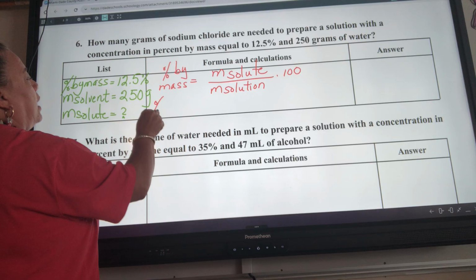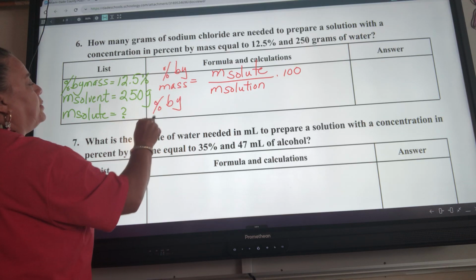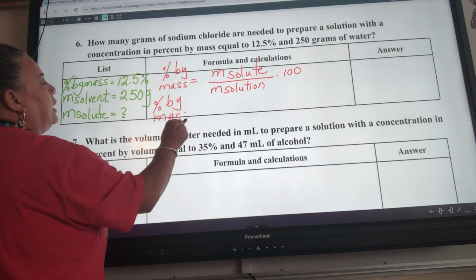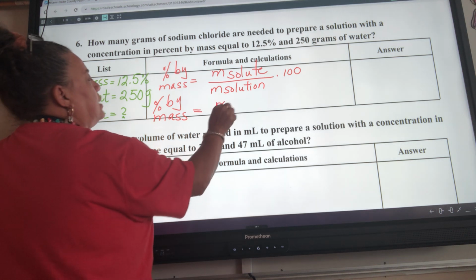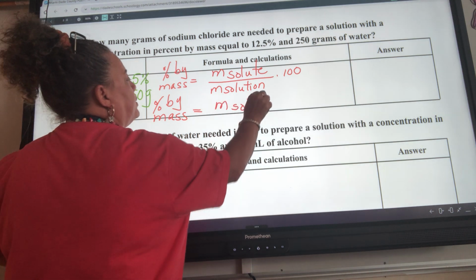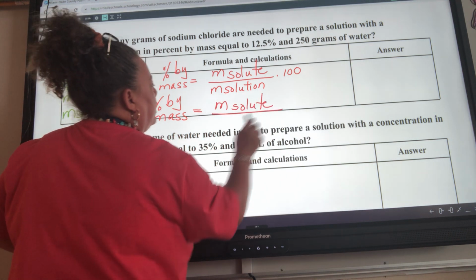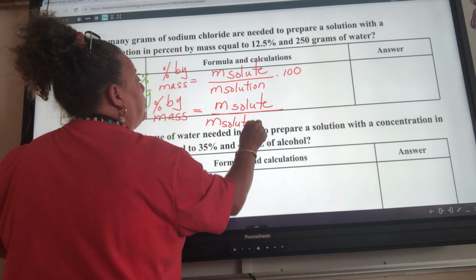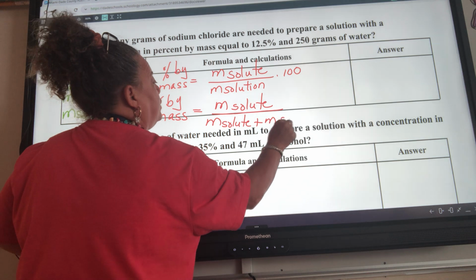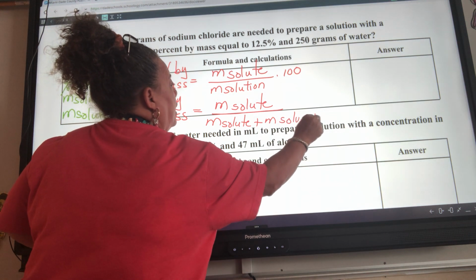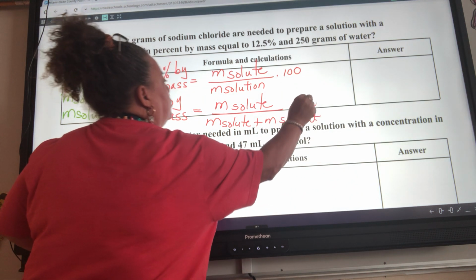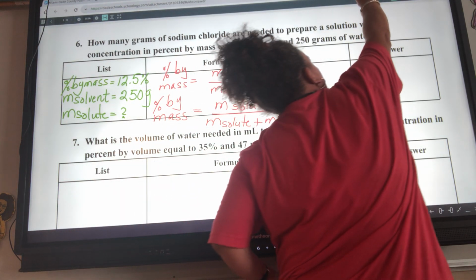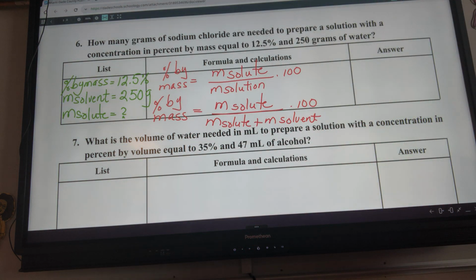Percent by mass is equal to the mass of the solute over the mass of the solute plus the mass of the solvent, multiplied by 100. And then I'm going to get another color.